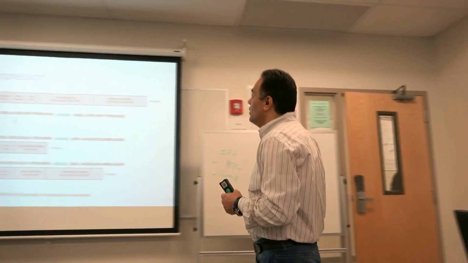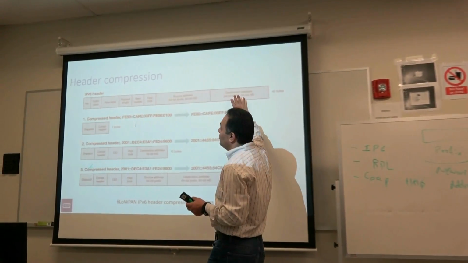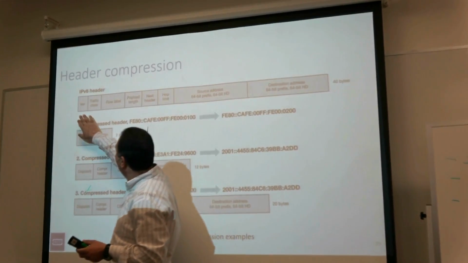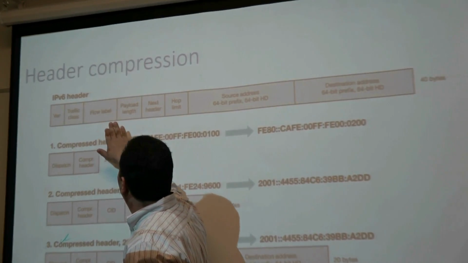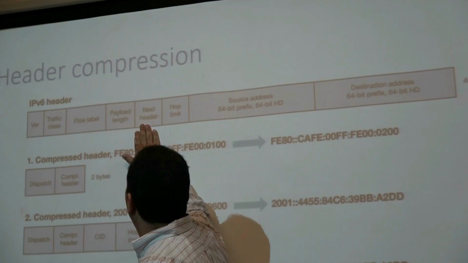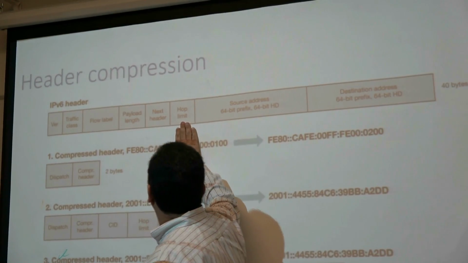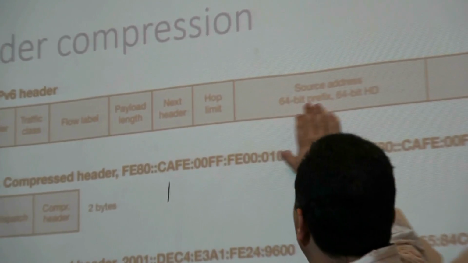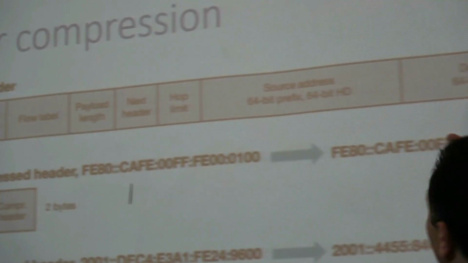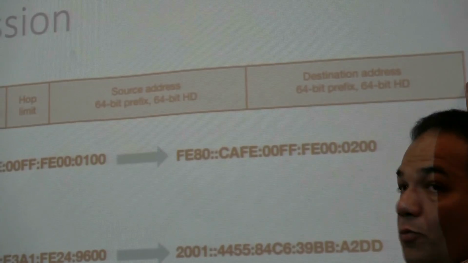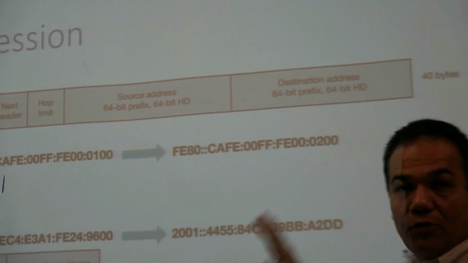For example, if you remember from last class, this is the IPv6 header. We spoke about the version, traffic class, flow label, payload length, next header. Remember, we could have multiple next headers, right? And hop limit, source address, and destination address. This is 40 bytes, what we call the base header.